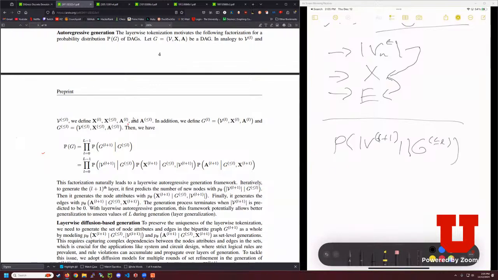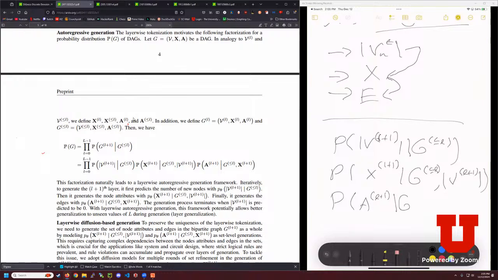They then have the probability of their node values given their graph at all previous layers and their cardinality. And lastly, they generate their edges, which is done through this adjacency matrix A.